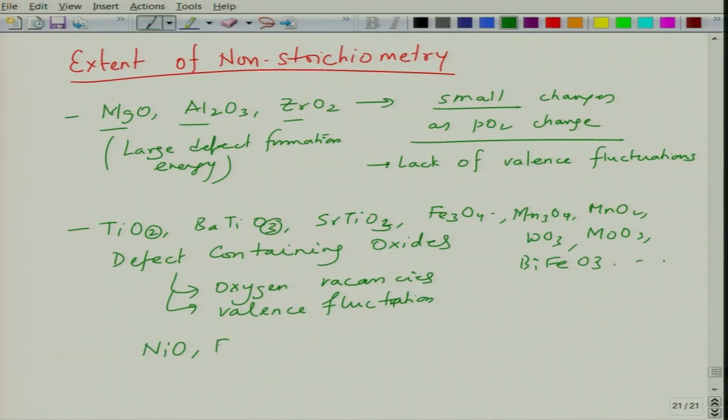Similarly, if you look at oxides such as NiO, FeO, MnO, cobalt oxide, all of them are prone to having reasonably large defect concentration, because Ni is a transition metal ion, Fe is a transition metal, Mn is a transition metal, cobalt is a transition metal. So, Ni can occur in different valences, Fe can occur in different valences, manganese can. So, this brings non-stoichiometry in these systems.